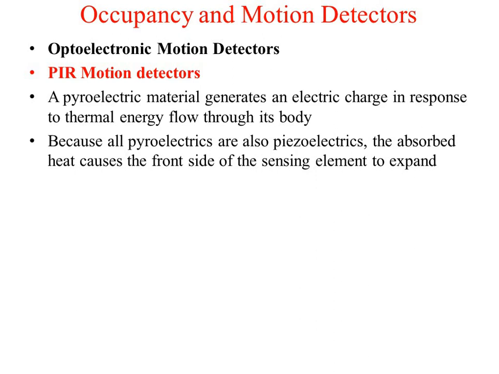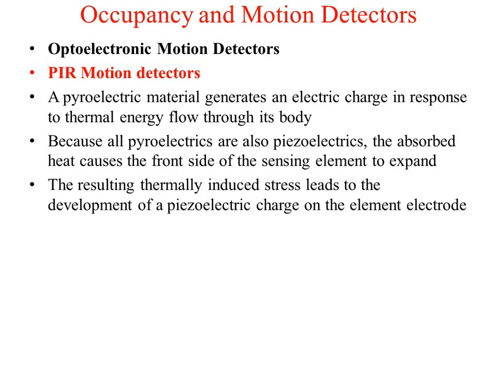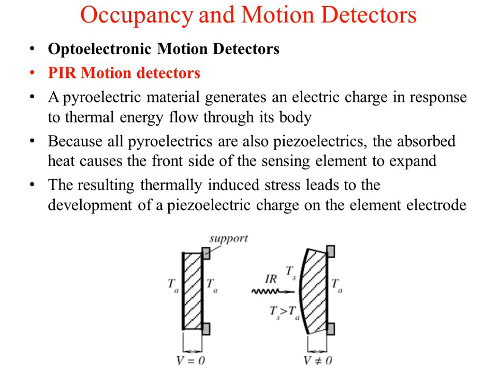That expansion causes a charge to be developed on the piezoelectric side of the other part, and that charge is taken out in the form of current, which is directly proportional to the heat. This is the simple principle. This thermal stress leads to piezoelectric charge being developed at the electrode.